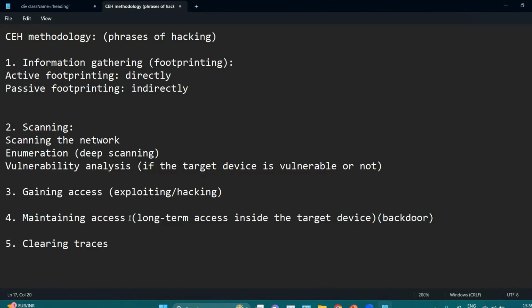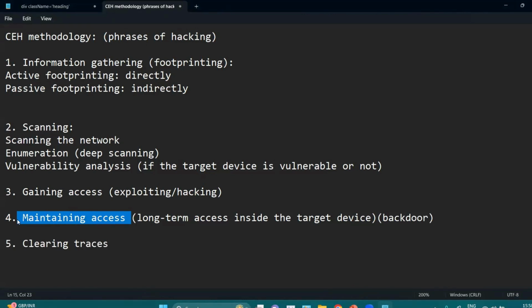And maintaining access is something which depends on your purpose of hacking, right? For example, you want to hack my device and you want to just take some data from my device for one time. In that case, you will not do this maintaining access. You will avoid this step because it depends on the purpose of hacking.